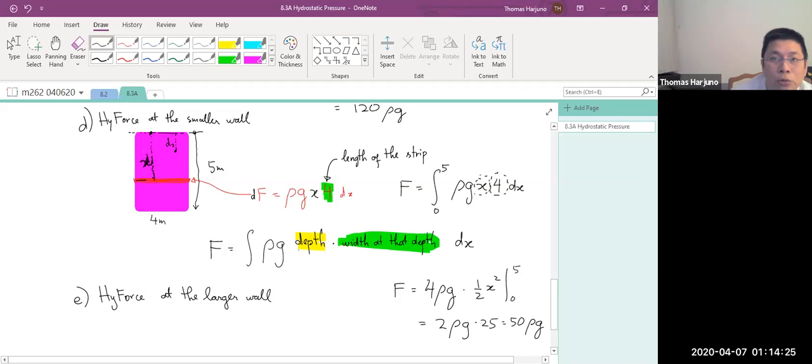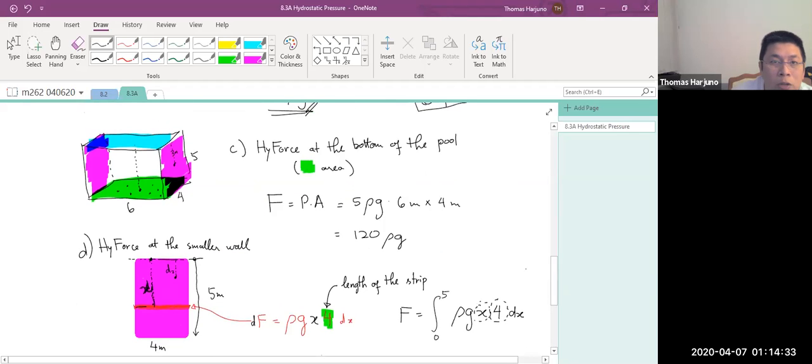Okay, let me ask you to try doing that. It's supposed to be still easy though. Because on the larger wall, let's see what's the larger wall. The larger wall is the one here. Which color do I want to use? Yellow, huh? The larger wall is here. This is the larger wall.